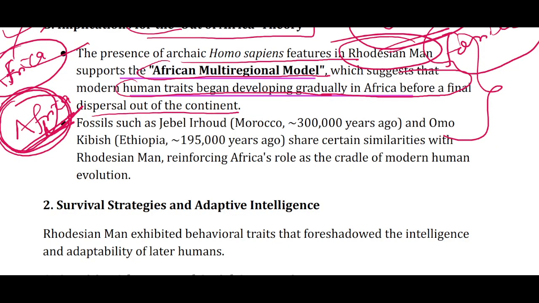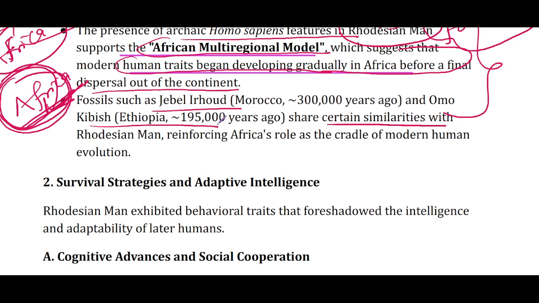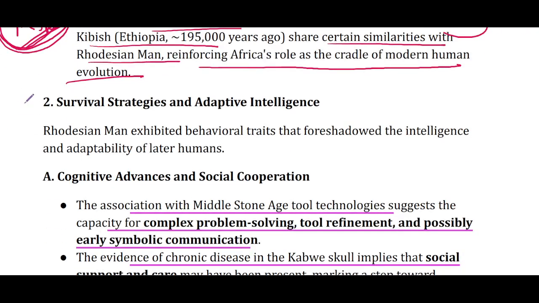And this implication is further supported by various fossils that were found in Jebel Irhoud or in Omo Kibish, Ethiopia. They share certain similarities with Rhodesian man, reinforcing Africa's role as the cradle of modern human evolution.